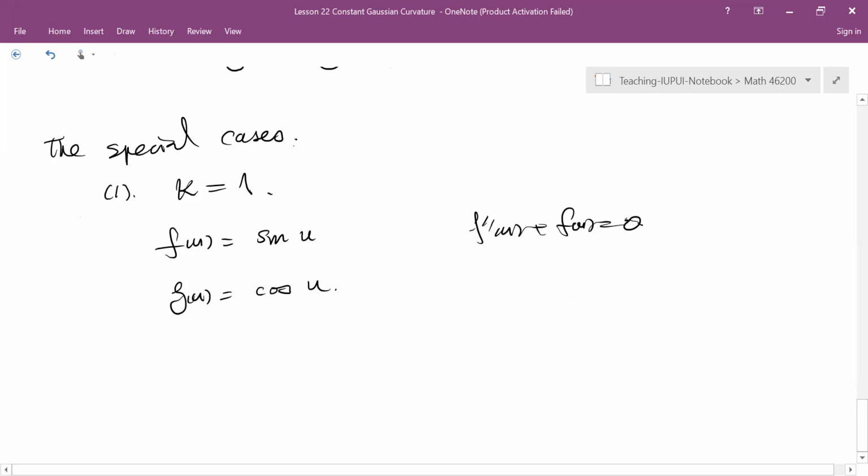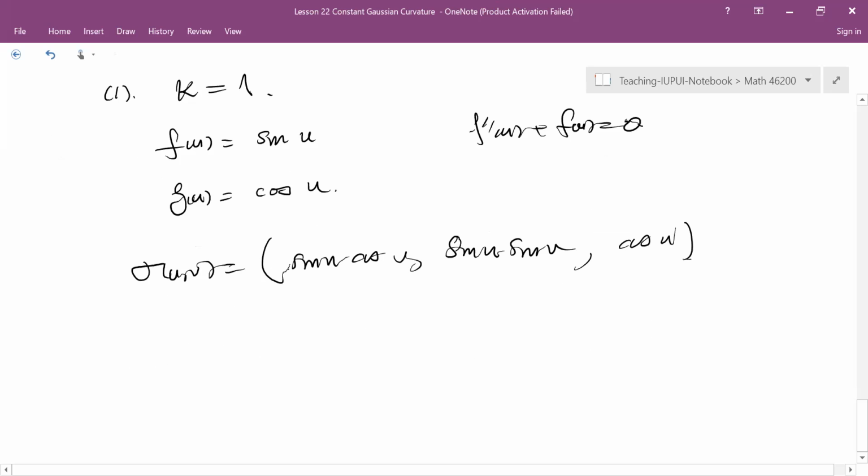Those are just special solutions. In this case, sigma of u, v is going to be sine u cosine v, sine u sine v, and then cosine u. This is just a spherical coordinate system for the sphere.